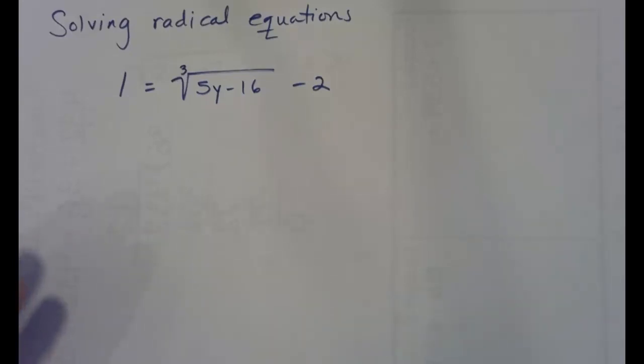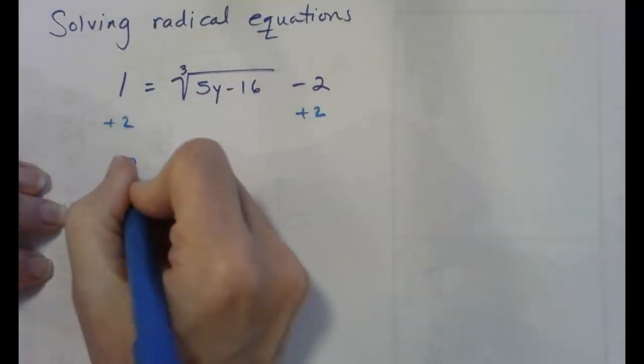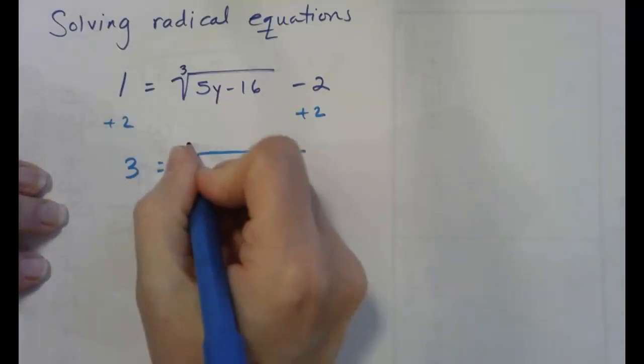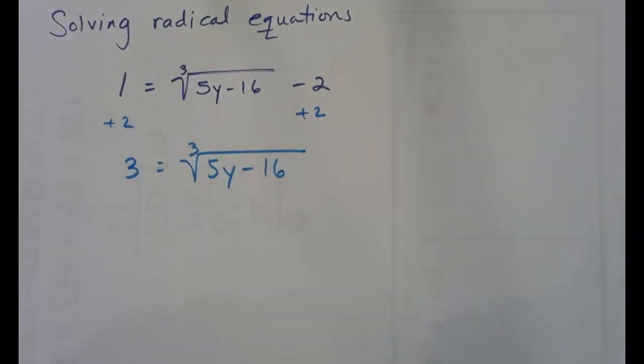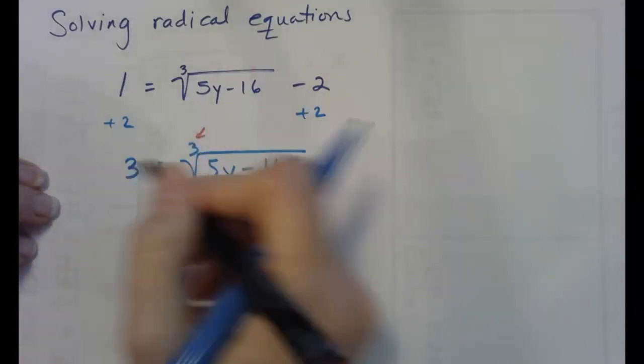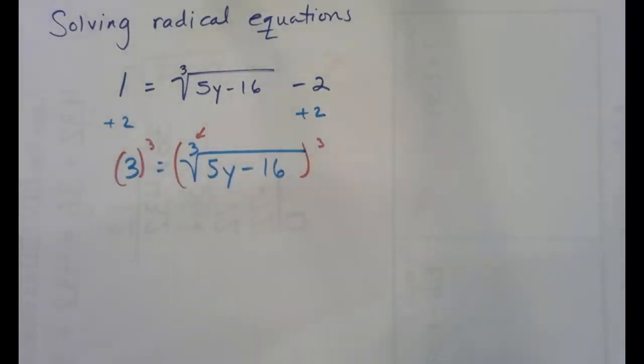Again, isolate the radical and then undo the radical by using an inverse operation. In this case, the index is 3. Therefore, for us to undo this radical, we don't need to square both sides. We need to cube both sides.